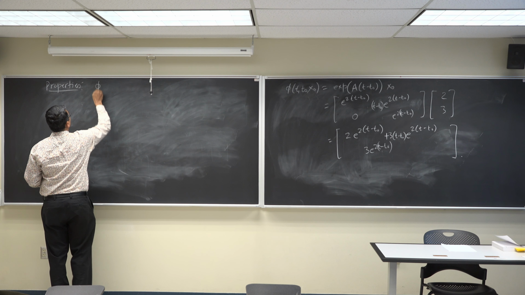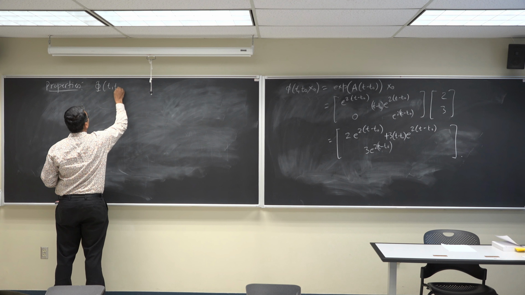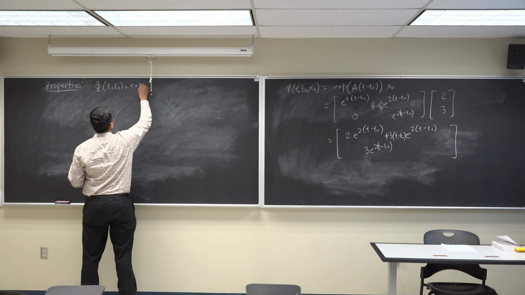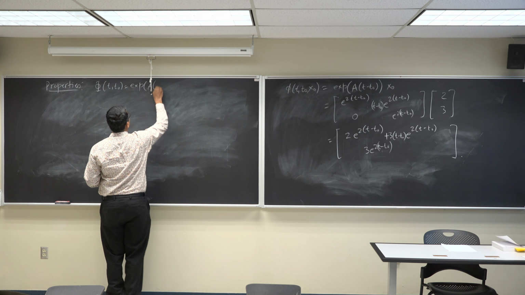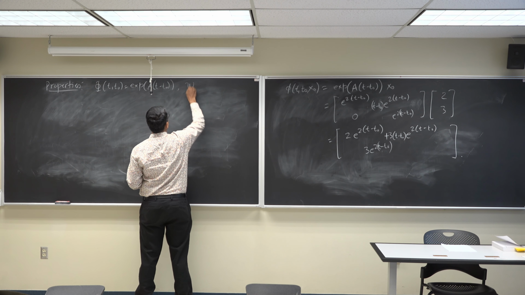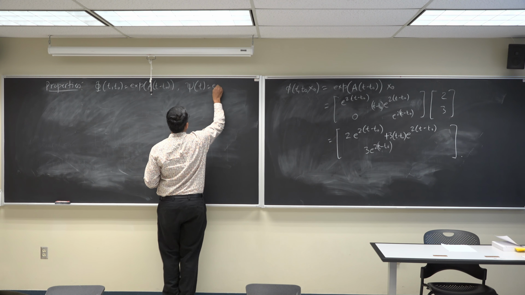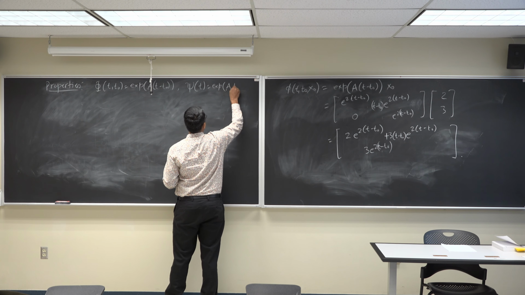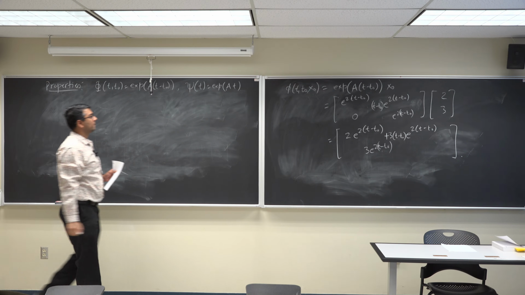And so I want to remind you phi of t, t naught is exponential A(t minus t naught). And I'm going to denote by psi of t exponential of At.